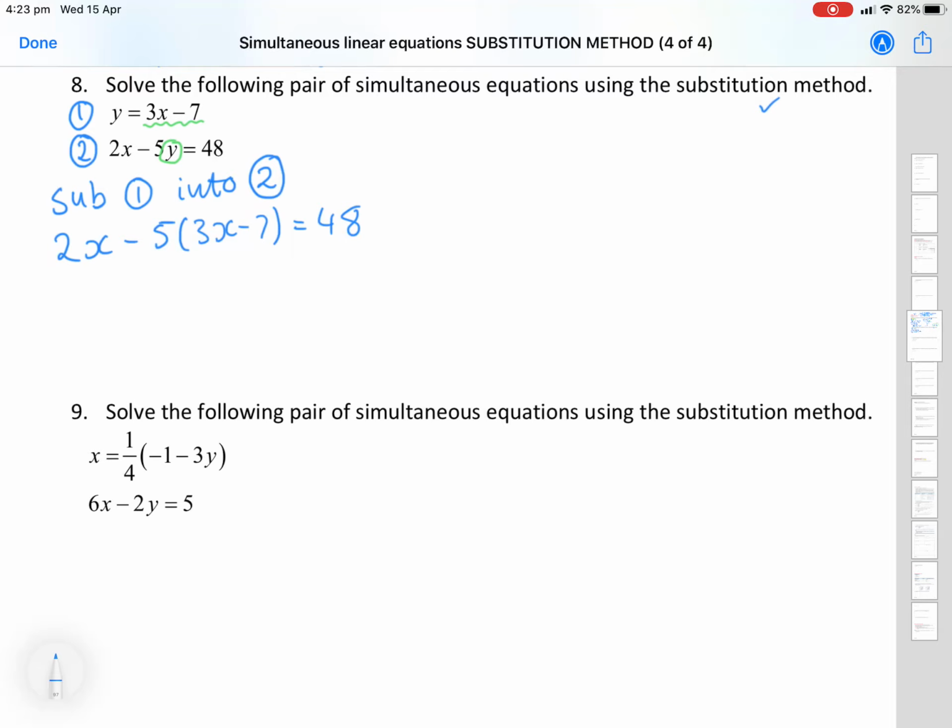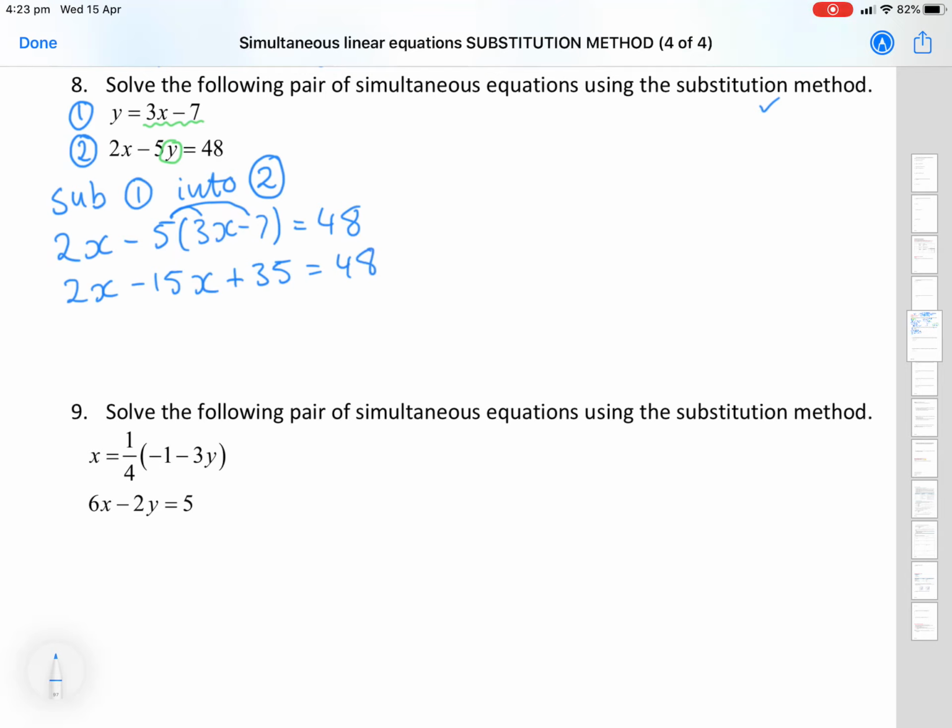So we need to expand these brackets a bit. So we've got 2x, then minus 5 times 3x, so we've got minus 15x. And we've got minus 5 times negative 7, so a negative and a negative is a plus, 35 equals 48.